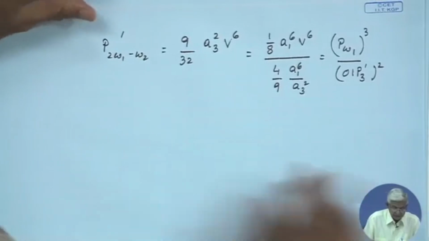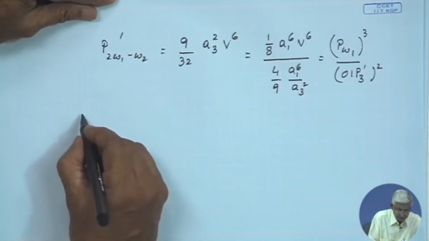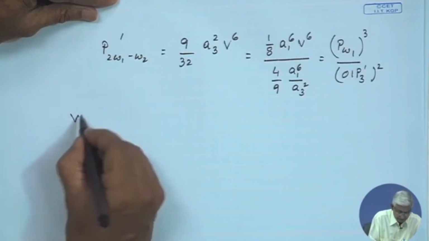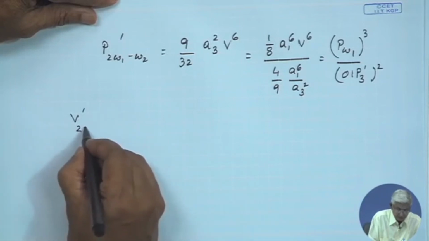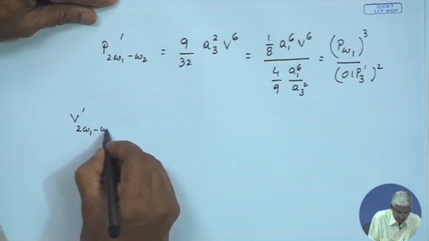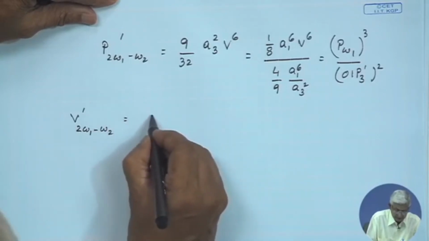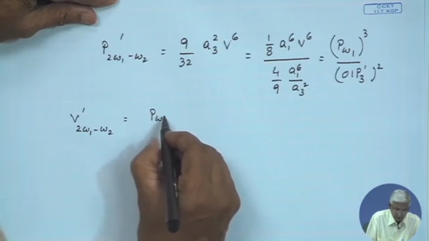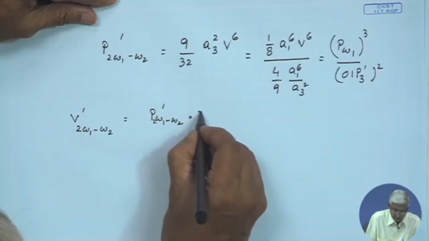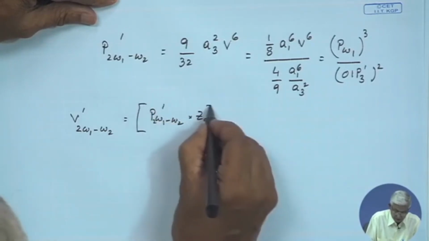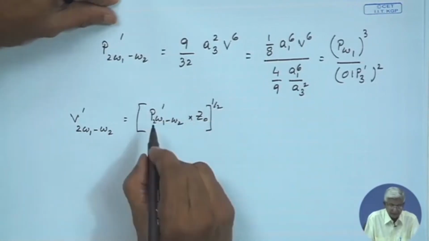So, the first stage output I can write in terms of voltage, that is V prime for the intermodulation product, the voltage of the distortion. That is the power P 2 omega 1 minus omega 2 prime into Z naught to the power half, which is voltage, if I assume Z naught is the impedance.